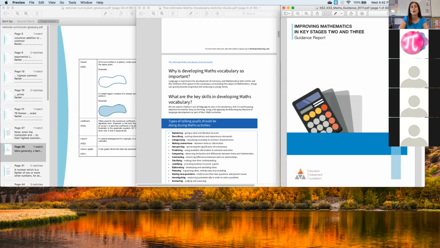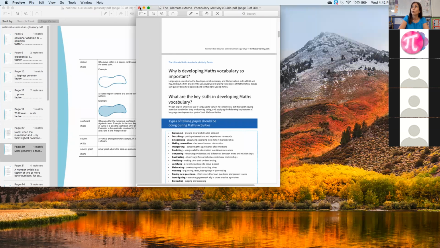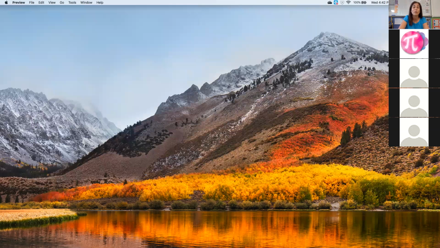So if you were wondering where to find appropriate language to use in your lessons, those are three of the places to go to.